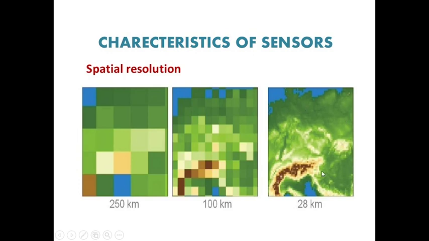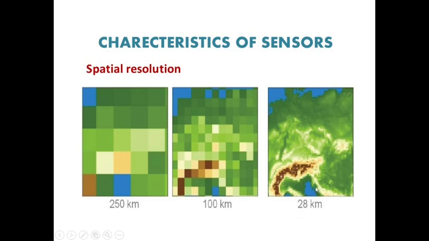Based on the number of pixels and the size of the pixels, the resolution of the satellite imagery varies. Here a single pixel represents 250 kilometer, here a single pixel represents 100 kilometer, and in this picture a single pixel represents 28 kilometer.